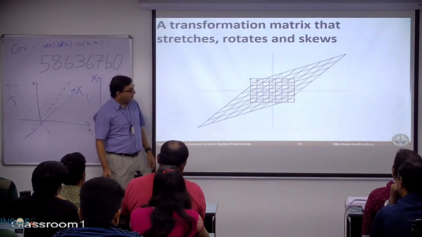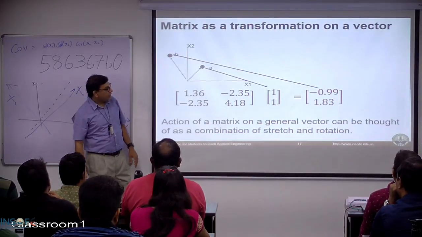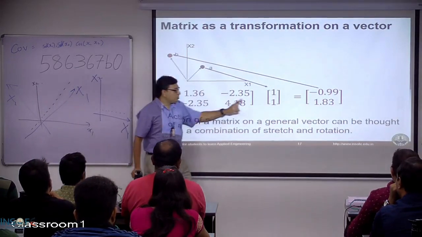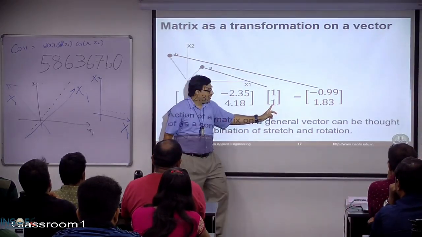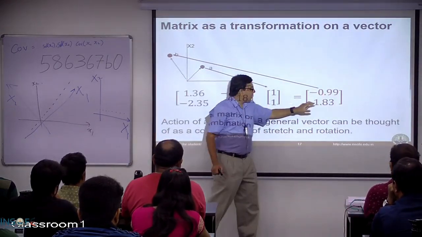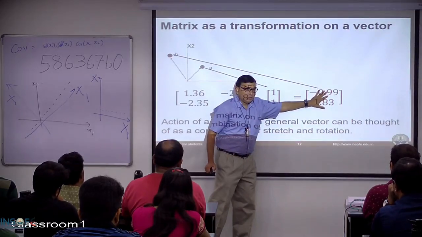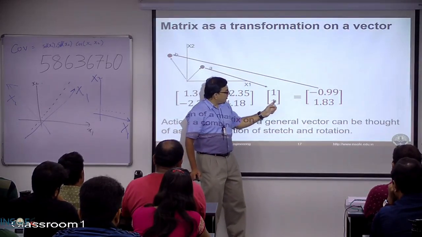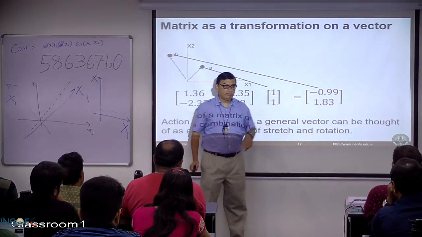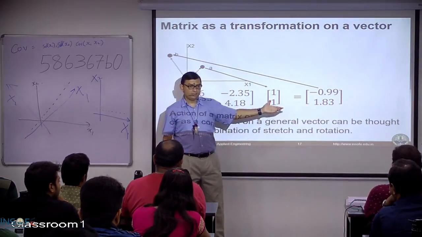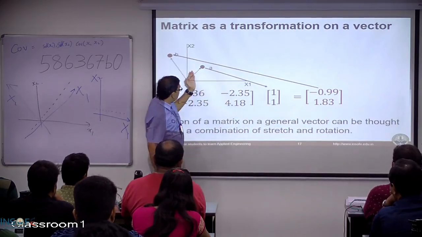So this matrix got applied to that particular vector, and I got a new vector. Can you find a lambda where you can write it as some number times 1 comma 1? You can't. And you can see it pictorially better.